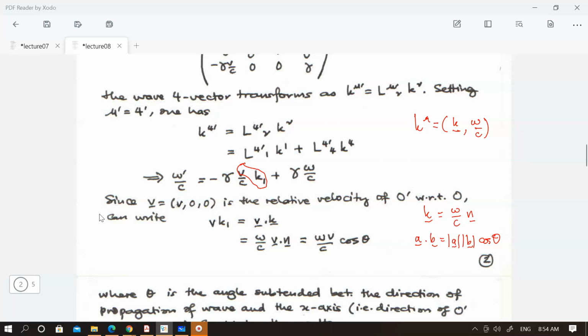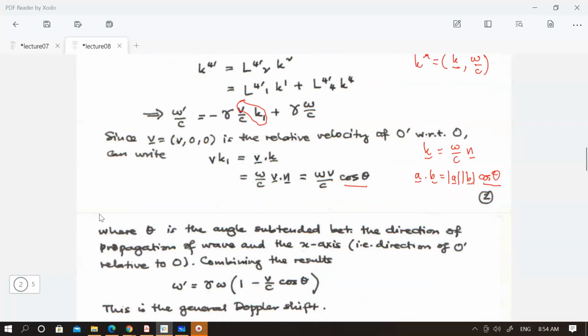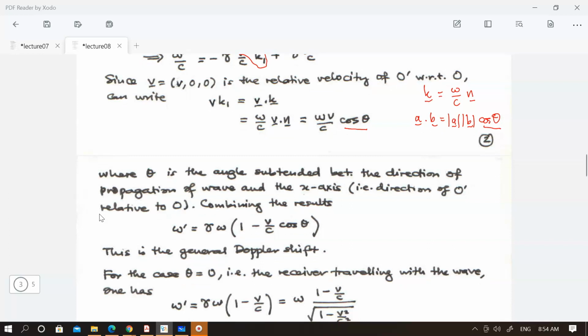Here theta is the angle between v and the direction of propagation, n. So I get my magnitude v, the modulus of n is just 1, and we are left with cos theta. That gives you a general formula of how the angular frequency behaves in different reference frames. This is essentially what we call the general Doppler shift.